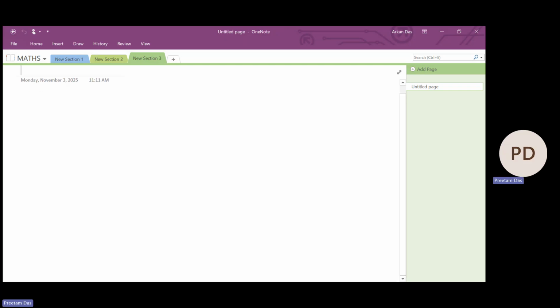Let us start with the solutions of your test on indefinite integration. Let's start with the first question.